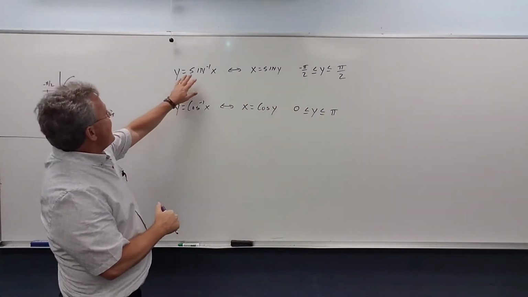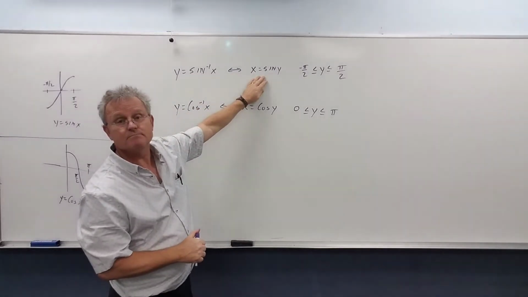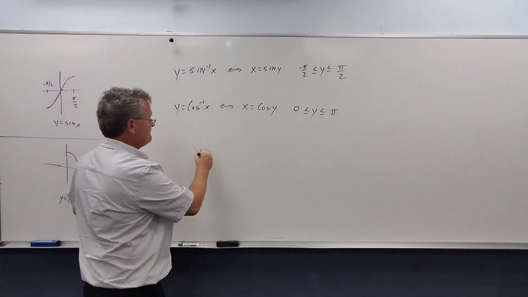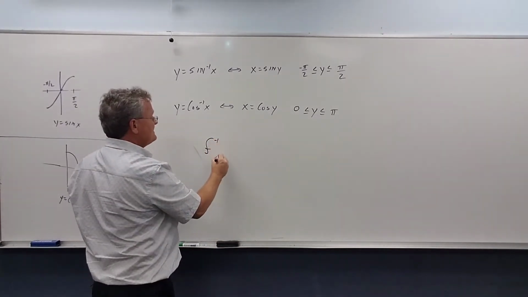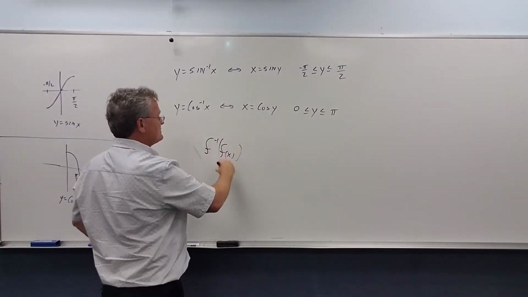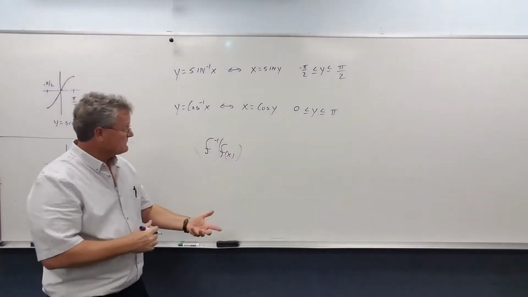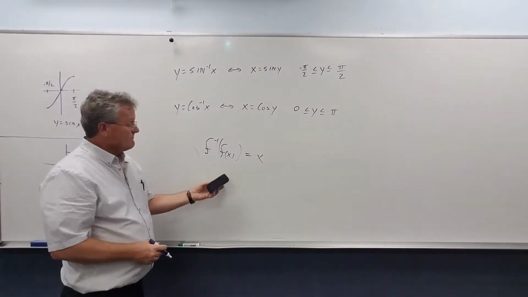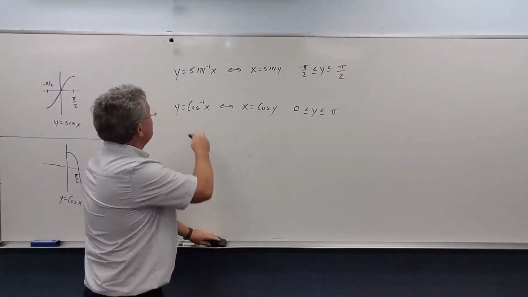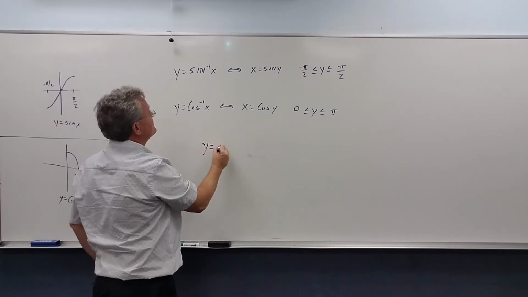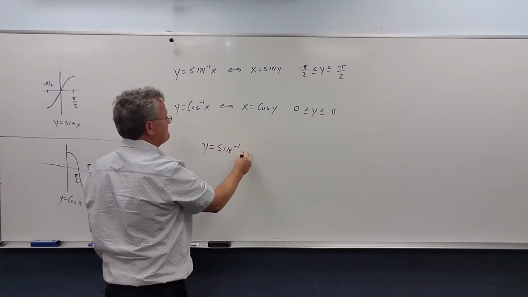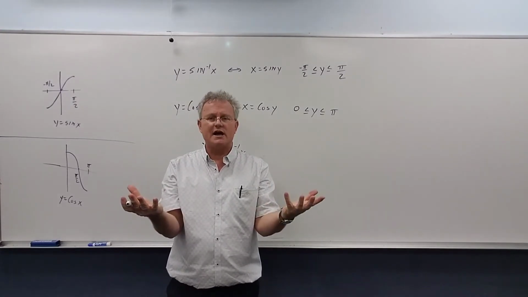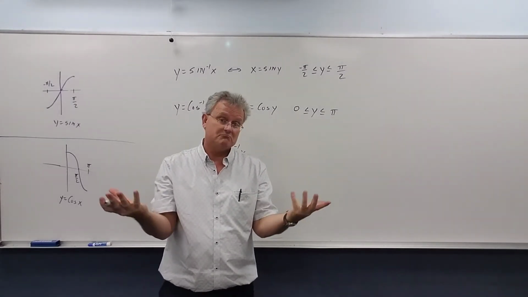Okay, now why is this the same thing as this? Maybe before I do that, remember, if I take the inverse of f of x, which we learned about inverse functions, this is nothing more than x. Yeah? All right. So let's consider this equation here. Well, remember, with an equation, you can do anything to both sides, as long as you do it to both sides.